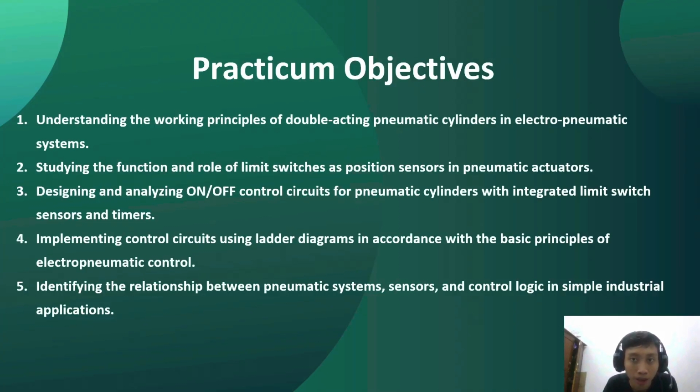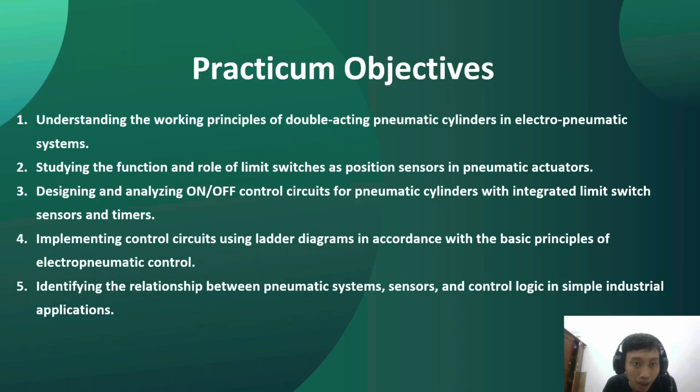Practicum objectives. 1. Understanding the working principle of double-acting pneumatic cylinder in electropneumatic system. 2. Studying the function and role of limit switch as position sensor in pneumatic actuator. 3.